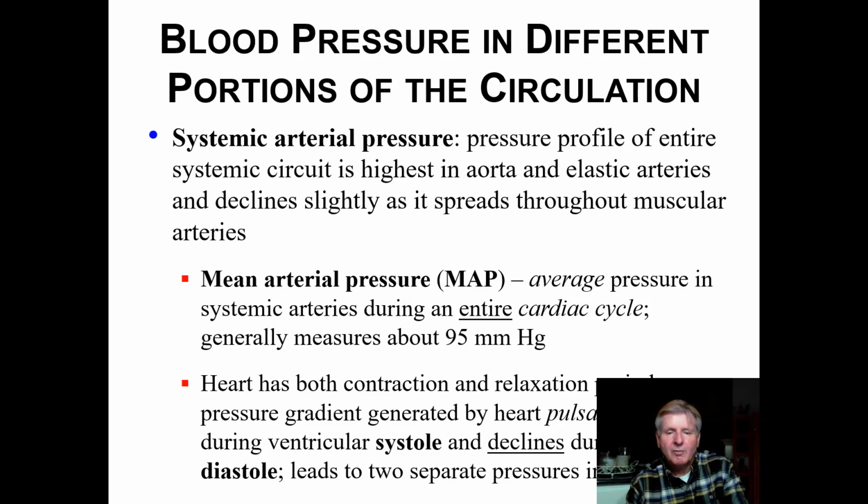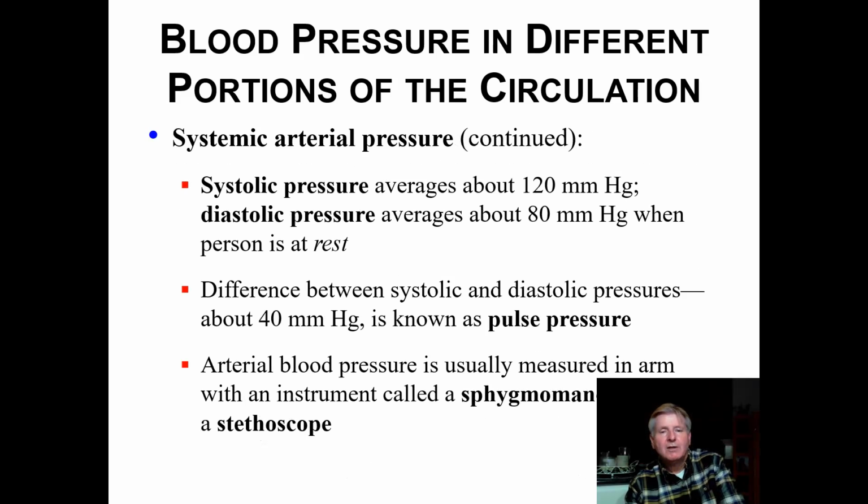Remember, your heart has both contraction and relaxation periods, or systole and diastole. So your pressure gradient generated by the heart will pulsate. It increases during ventricular systole, or contraction of the ventricles, and then declines during ventricular diastole. And that leads to two separate pressures in the arteries. Your systolic pressure averages about 120 millimeters of mercury.